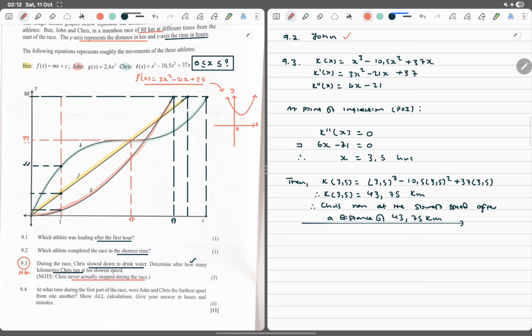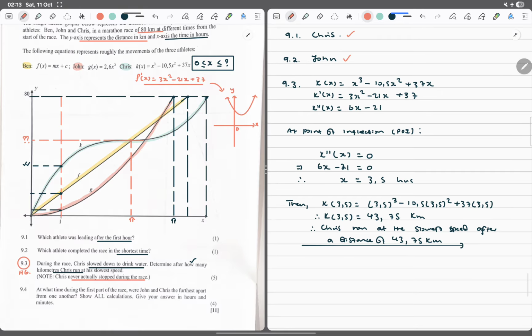We must always answer the question, guys, in full. In English class, you are taught how to answer, so please answer properly. Right folks, so what is important to get our 5 marks? I would suppose getting our second derivative and equating it to 0, substituting and answering the question.